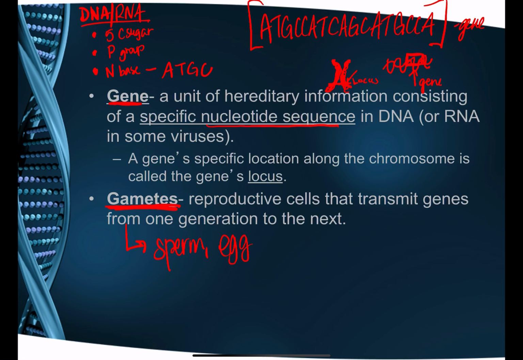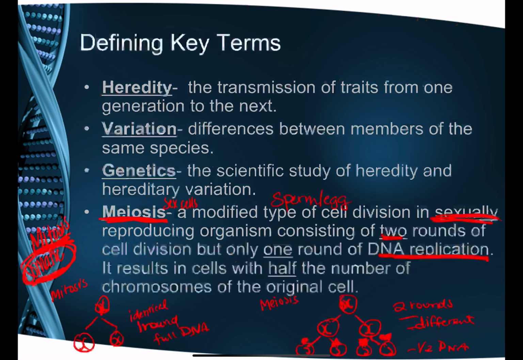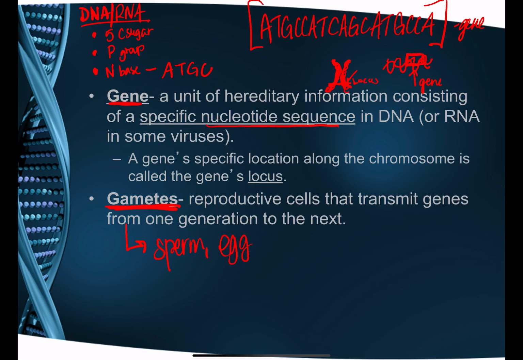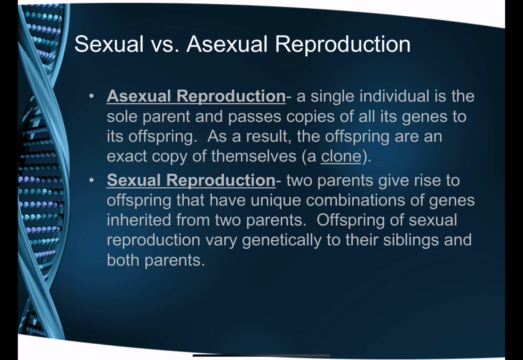I think we used that term when we studied mitosis. These gametes are responsible for passing our genes down between generations. You have your parent DNA up here, and then they make that sperm and that egg in this fourth step, and that is the DNA that gets passed down to you through the gametes.